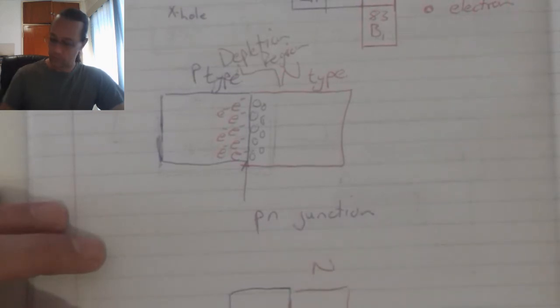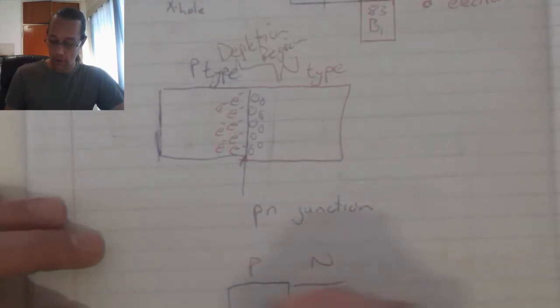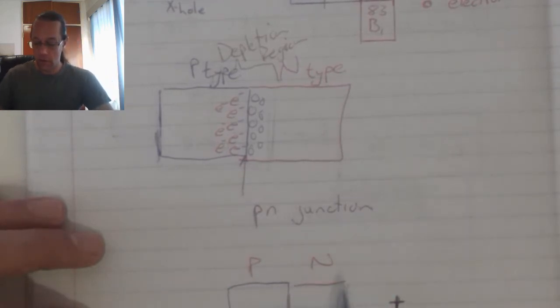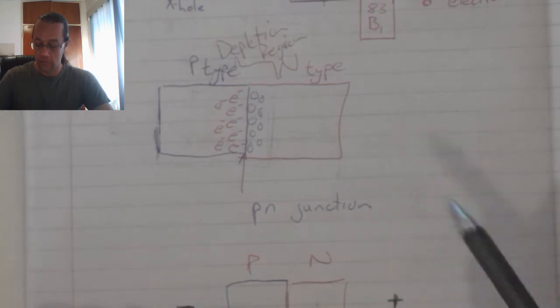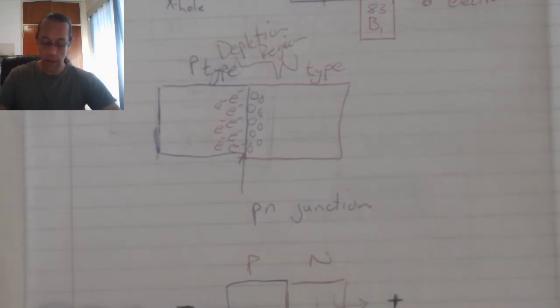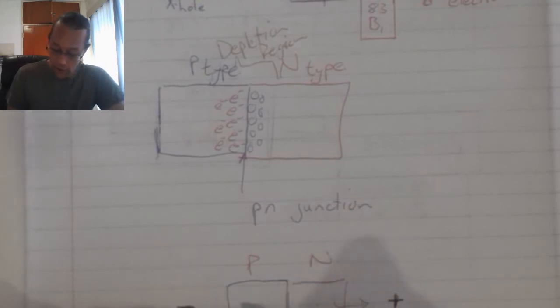When I supply a negative on this side and a positive on this side, what happens is the excess electrons on my N-type material are going to be attracted to that positive supply there, and the holes that are in my P-type material over here are going to be filled by the electrons from the negative supply.